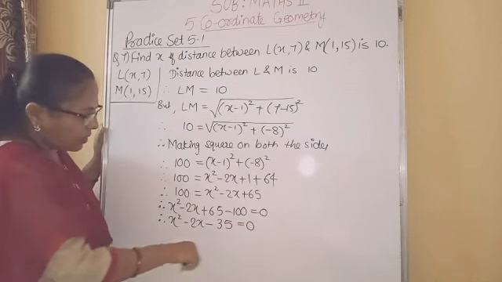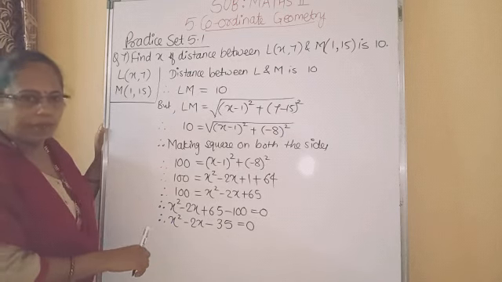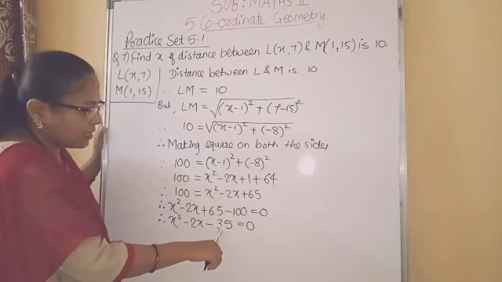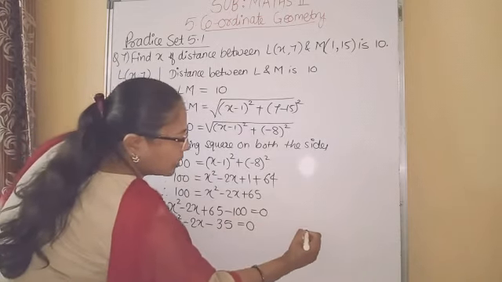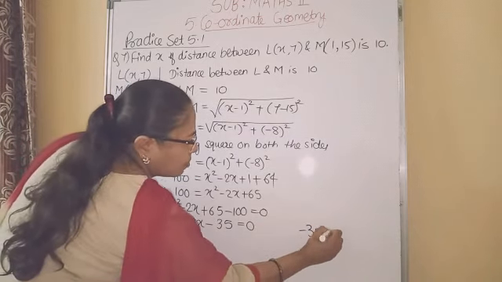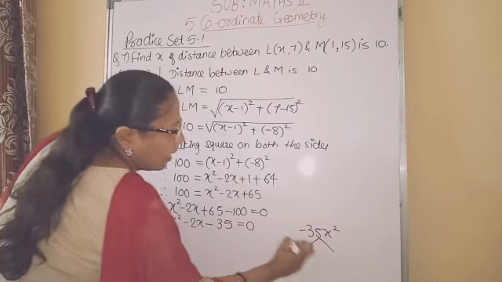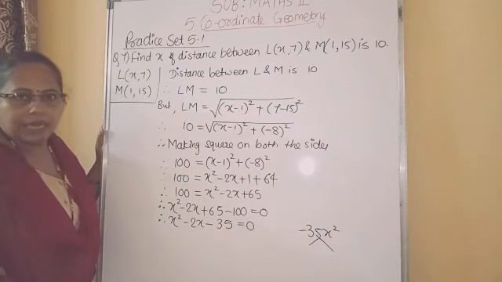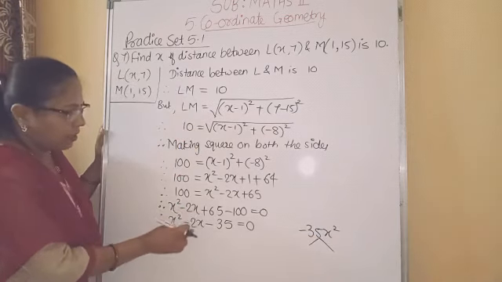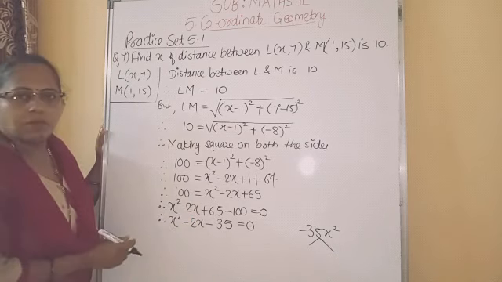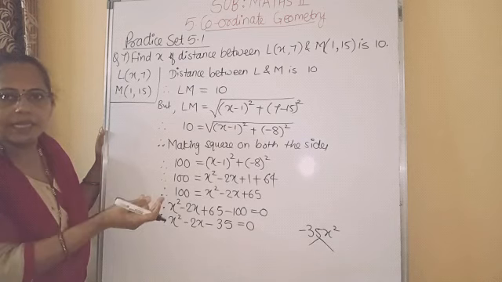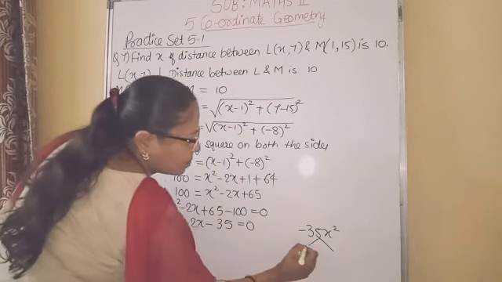Now we have to solve this quadratic equation. Okay. We have to factorize this, x square minus 2x minus 35. We studied this in quadratic equations. The product has a negative sign, so the middle term is the subtraction of two factors. Factors of 35 are 7 fives are 35.